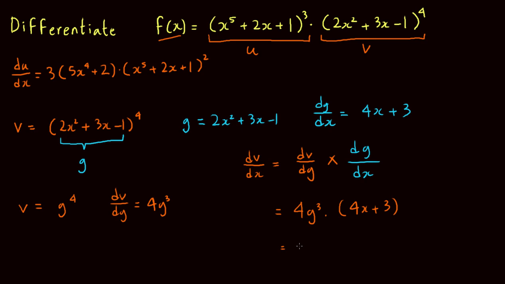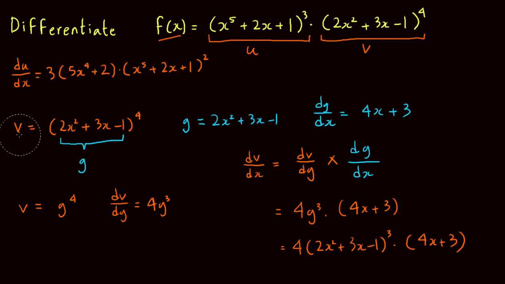So g cubed would be what? In this case our g is 2x^2 + 3x - 1, cubed, multiplied with 4x + 3. So that's our dv/dx.